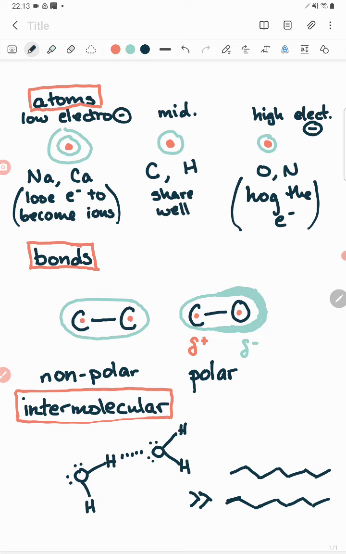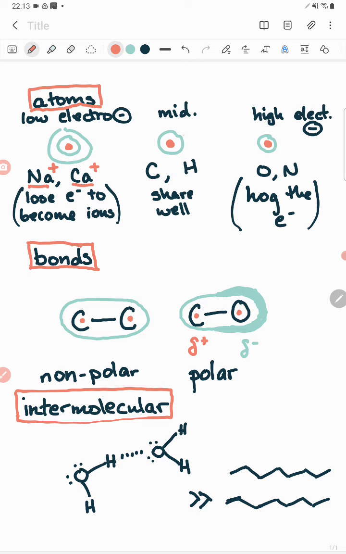So this was something that we talked about in the first class, in which for atoms, depending on how much their nucleus can pull in the electrons around them, you will have atoms either, in the case of things like sodium and calcium here, which are metals, losing electrons and becoming ions, and that's where you'll encounter them in a biological system as charged ions.